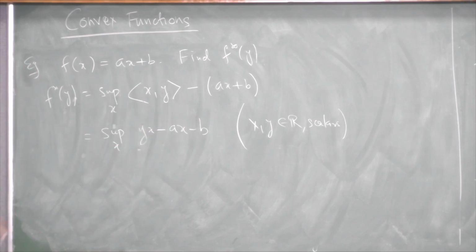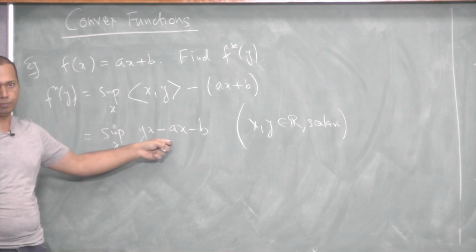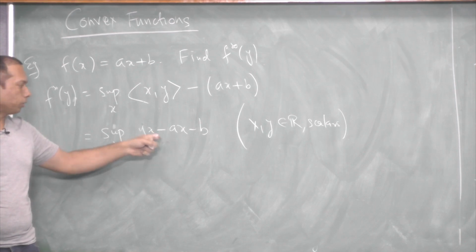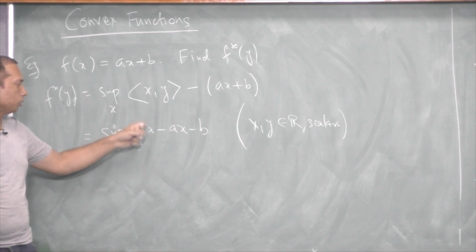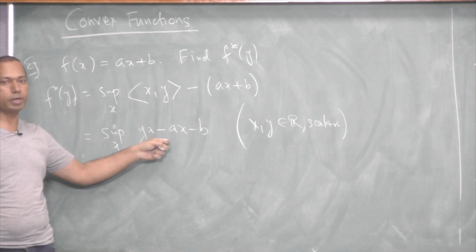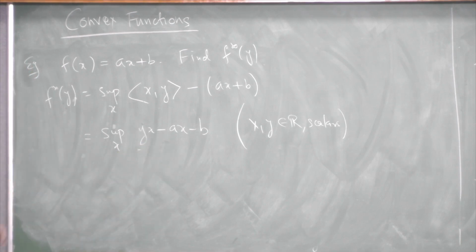Since this is a valid function for a fixed y, I want a fixed finite value. If it blows up to infinity, that's not a valid value. So for which values of y will you get a finite output? That will define a valid function, right?